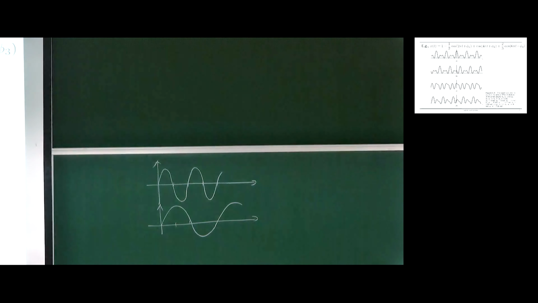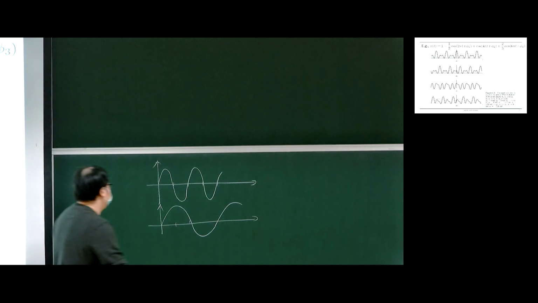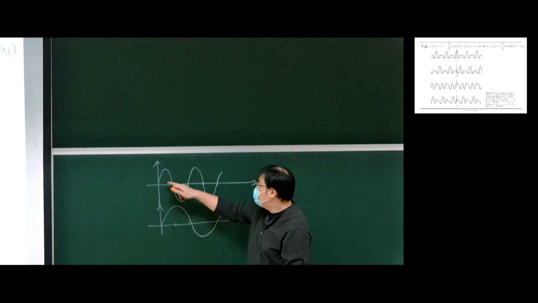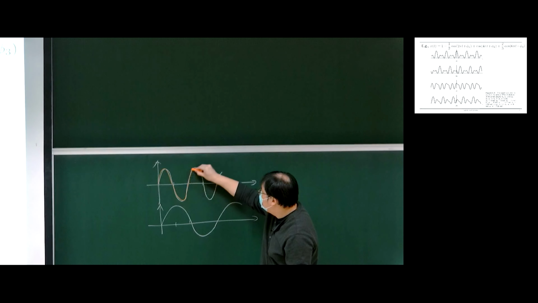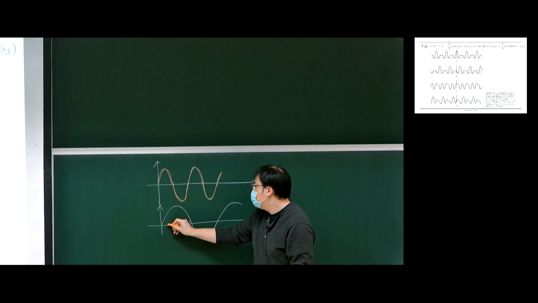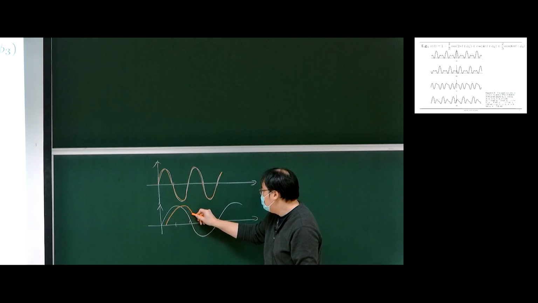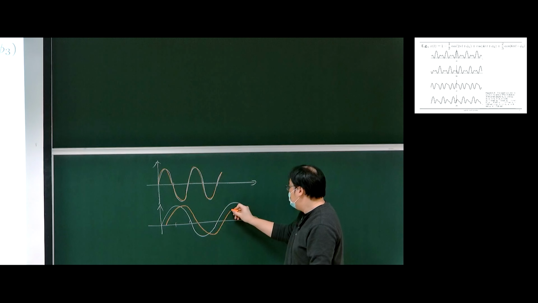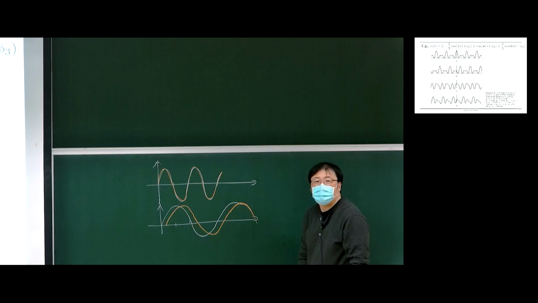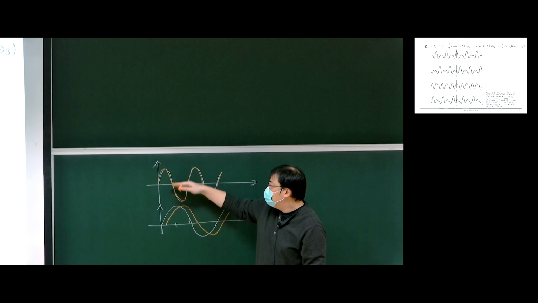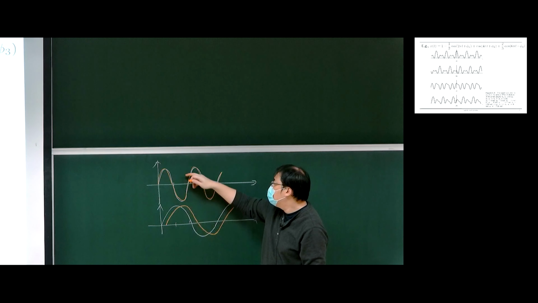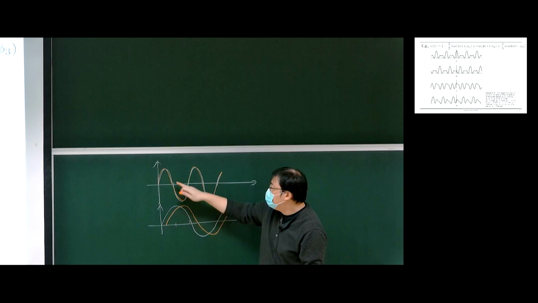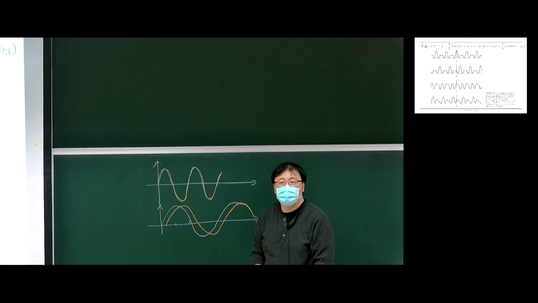But suppose that they are now delayed by a different amount. So instead of adding this with this, you're adding this with a slightly shifted version of this. You can imagine that when you add together the two white sinusoids, you would get a different signal than when adding together these two orange curves.